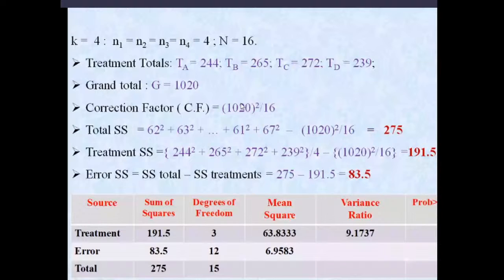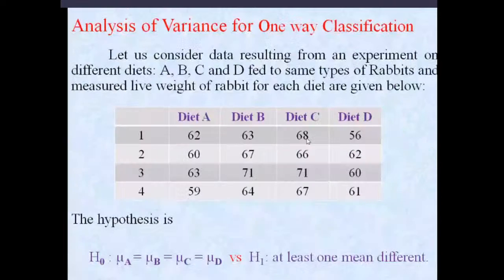Then compute the total sum of squares. For that, I'm computing the raw sum of squares first. Raw sum of squares is nothing but squaring each observation. The first observation 62 square, second observation 63 square, 68 square, 56 square, 60 square, 67 square, 66 square, 62 square, and so on, 63, 61 square.